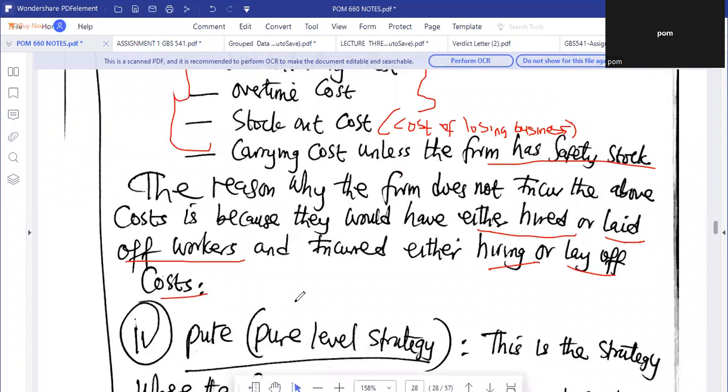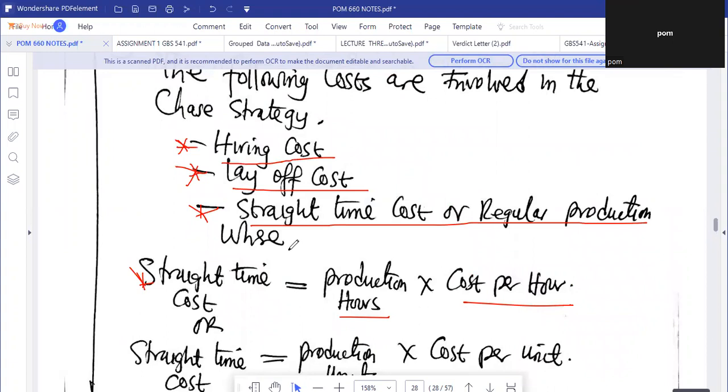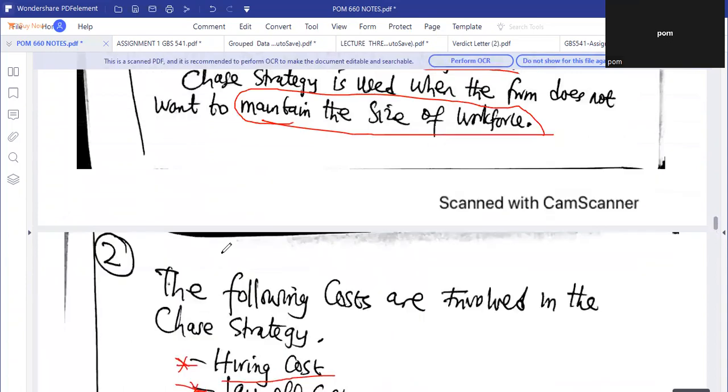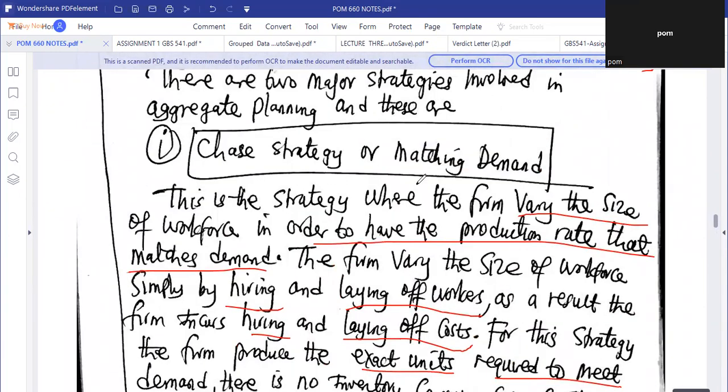So under the chase strategy, we only look at the hiring cost, the layoff cost, and the regular time cost. That's all. When they state to calculate the cost of the chase strategy or matching demand, you only have to look at the hiring cost and the layoff cost. Chase strategy is the same as matching demand.